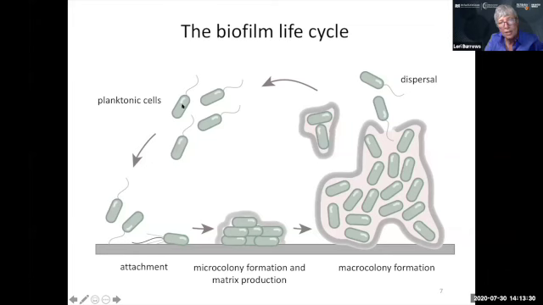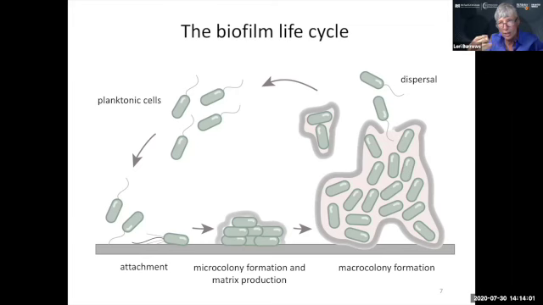The standard picture of a biofilm life cycle is that planktonic cells come into contact with a surface. They can either actively swim towards a surface using a flagellum or some other motility mode, or they can just randomly float around until they bump into a surface, and then they can attach. Once they attach, they undergo genetic changes, so gene expression changes in response to surface contact.